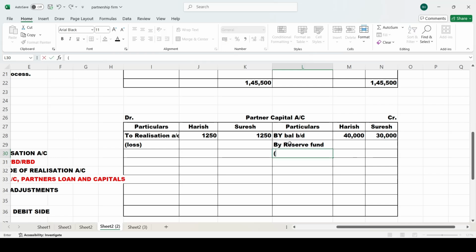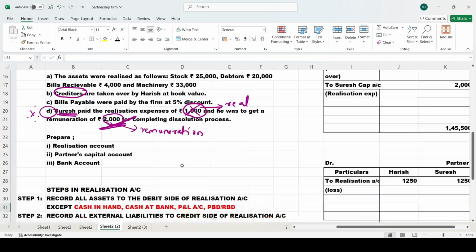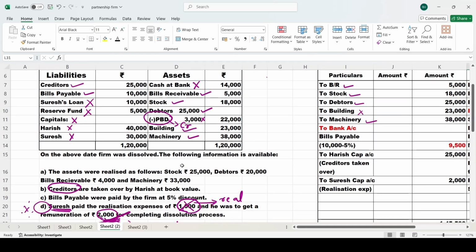In the bracket 5,000, comma, you have to share it in 1:1 ratio. So when you share it, it will come to 2,500 each. Reserve fund is completed. Check whether any P&L account is given in the problem. Here you don't have any P&L account in any side of your balance sheet. So leave that P&L account.